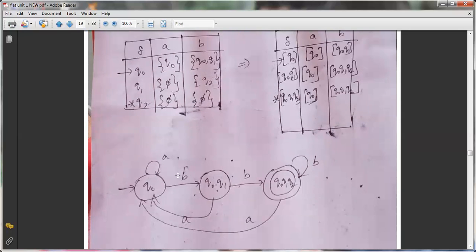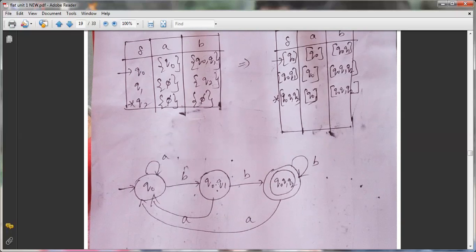So for this transition table, you have to draw the transition diagram. Q0, Q0 Q1, Q0 Q1 Q2. Q0 and A is going to Q0, so I am giving a self loop. Q0 and B is going to Q0, Q1.